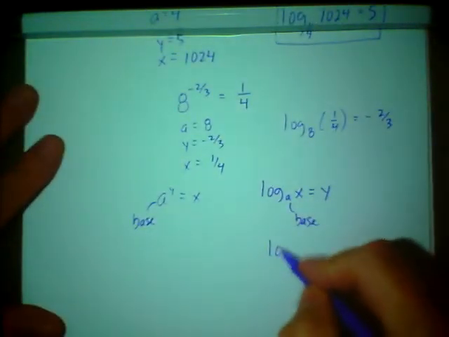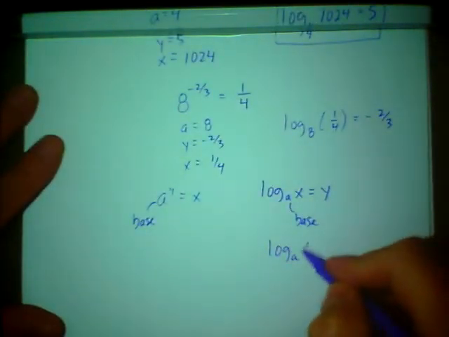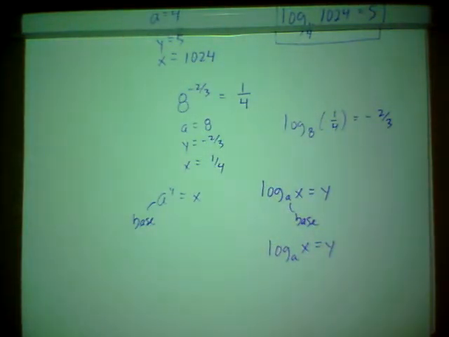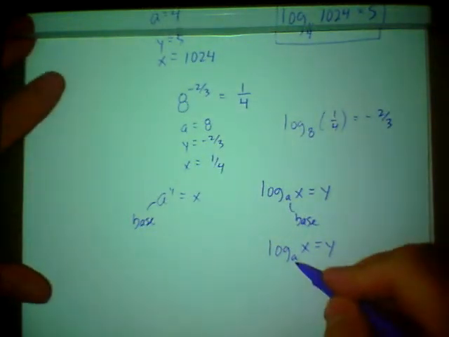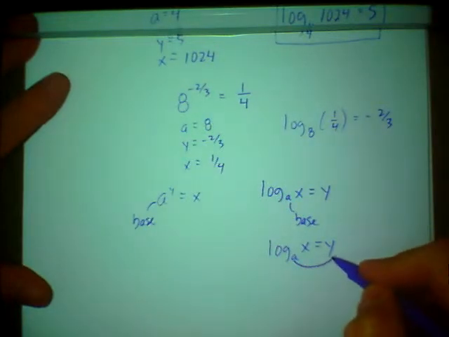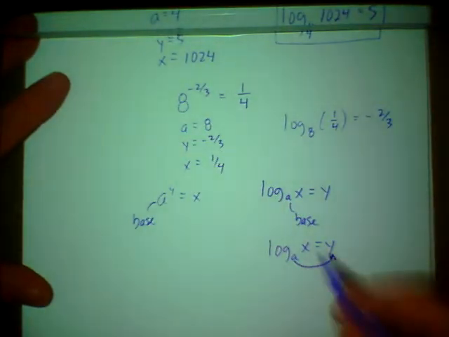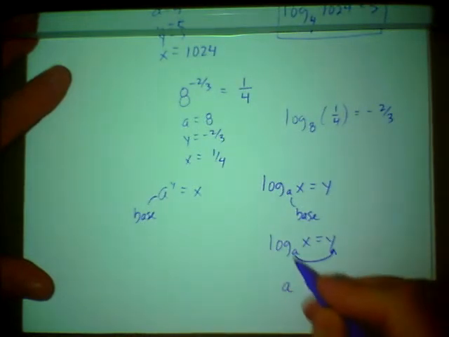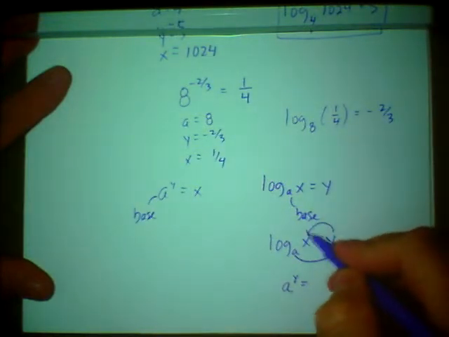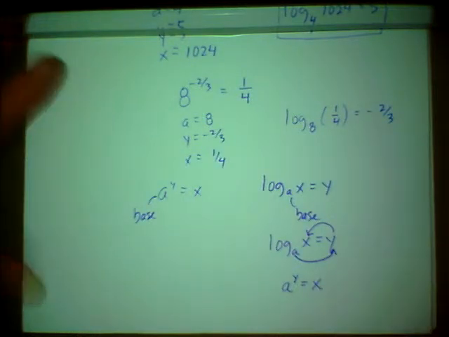What I like to do sometimes, which I saw in a book once and I thought was pretty handy, if I want to take my log equation and derive the exponential equation, I start with the base, and it's almost like I move in a counterclockwise method. So I write a, I go to the y, and then equals, and I circle back and pick up the x.